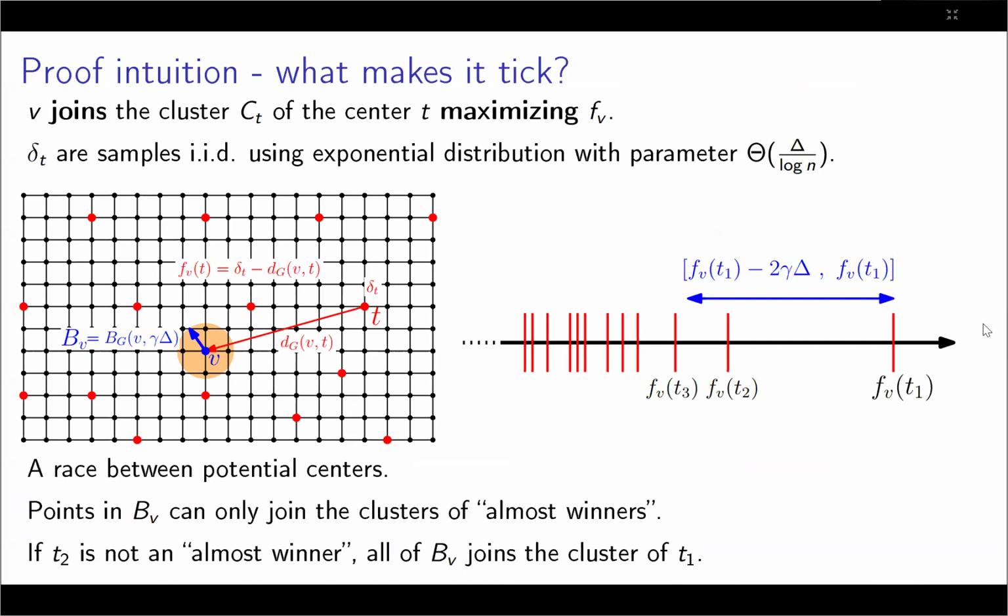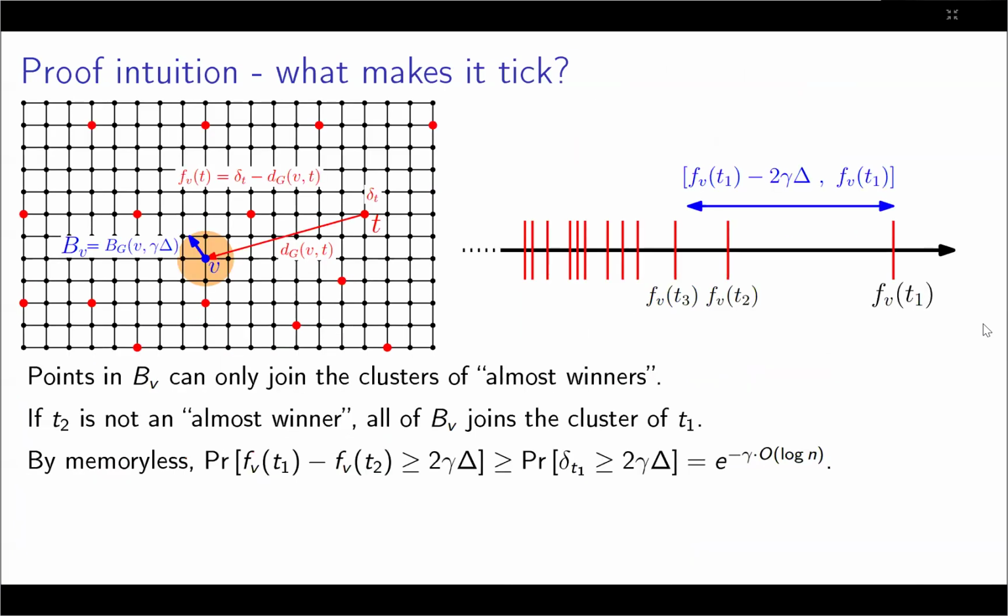So specifically, one of the second ones can drop tired, this one continues running according to the memoryless exponential distribution. And by memorylessness, the probability that it will run farther away than 2 gamma delta, so that there will be no almost winners, only a single winner, is just e to the minus gamma times the parameter of the distribution, log n.